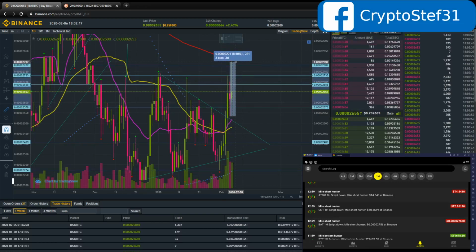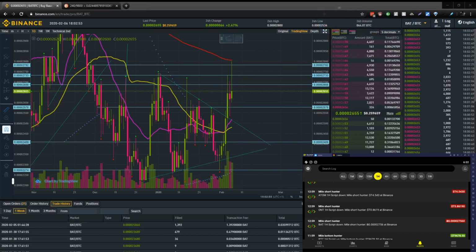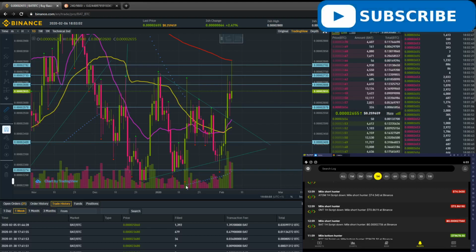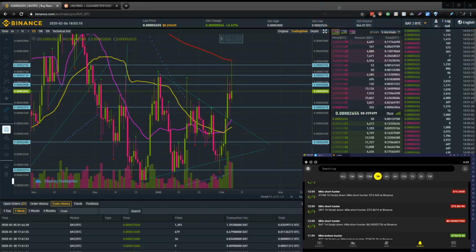Fuck, for one Satoshi, bitch. I didn't get filled. This is shit. And that's what I have to say. These were my trades. And on the bad BTC, I'm angry because I didn't get filled.